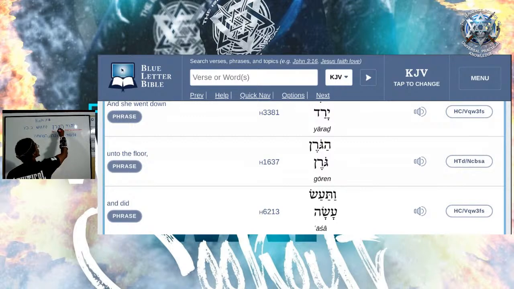H1637. Garan means floor. And you could insert to here. All right, so and she went down the floor, or and she went down to the floor.